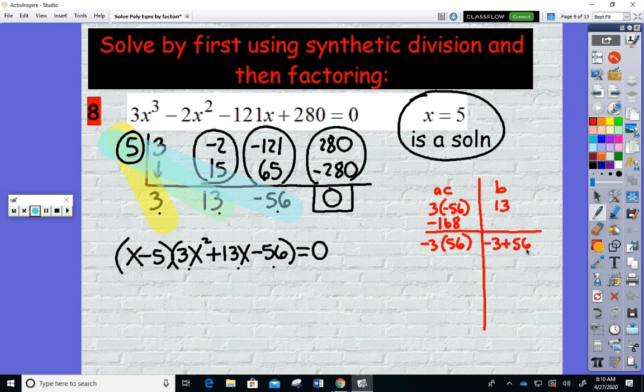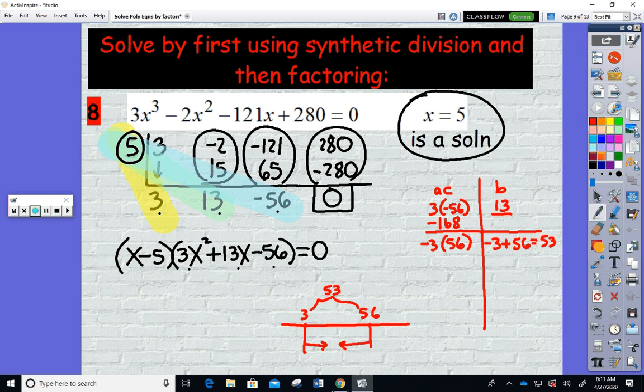That's 53. Okay, so do you remember that if we put 3 and 56 on the number line, right now I've got 53 between them, but I want 13? That means I need to move these two inward toward each other.